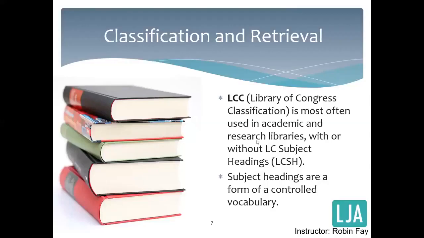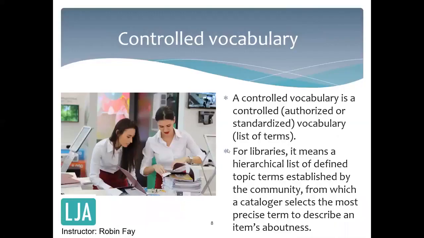Because the Library of Congress subject headings correlate most directly to the Library of Congress classification, it's going to be a little bit easier, but that's not to say that it can't be done. And really, you could use even some kind of classification you made up yourself and work with the Library of Congress subject headings. So subject headings are just a form of a controlled vocabulary.